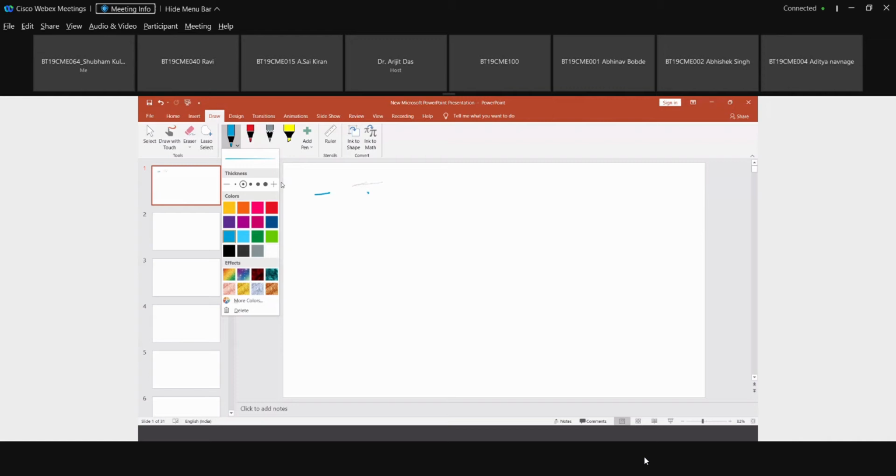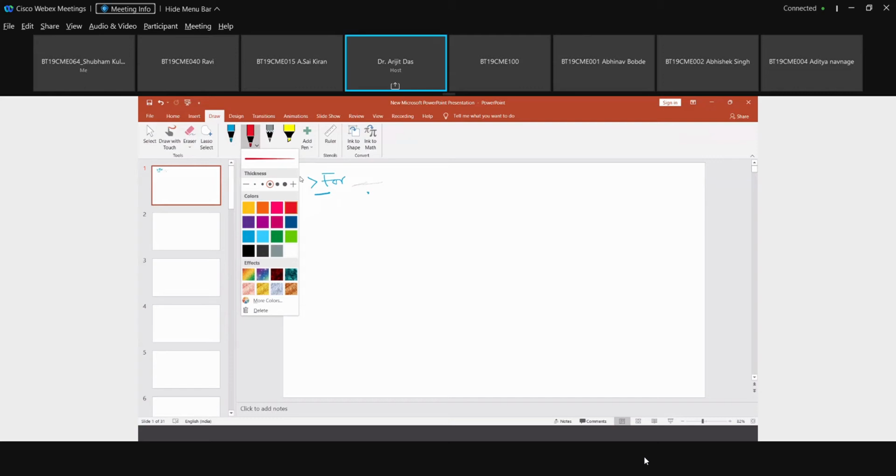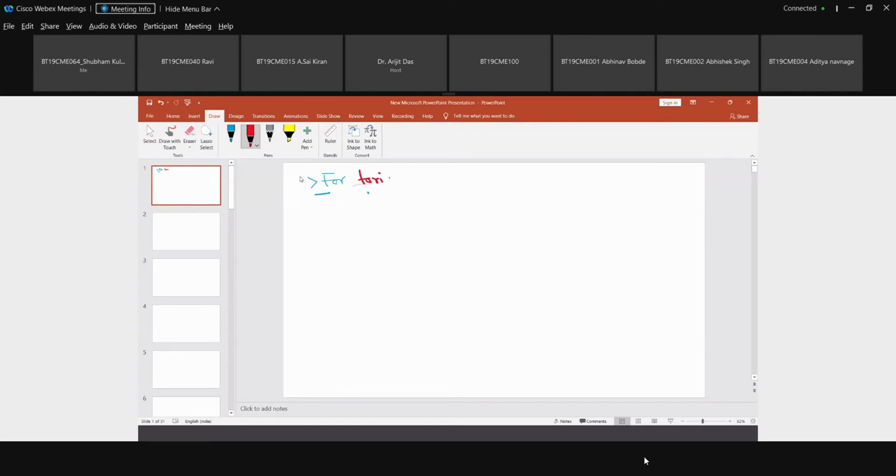So we know how to calculate the thickness of heads. Now we also know that for spherical head, everybody please keep a calculator.